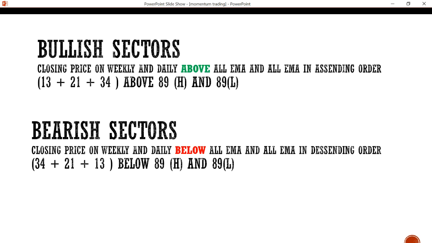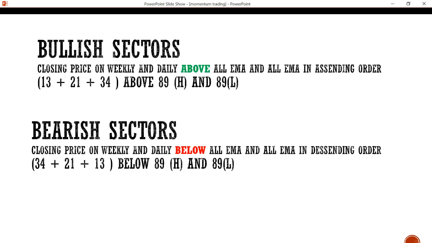Vice versa, the bearish sectors are those closing below the EMAs, and the EMAs are now inverted: 34, 21 and 13, and these are below the channel of 89 high and low. So price closing above the channel with the EMAs in order of 13, 21, 34, the sector is bullish.